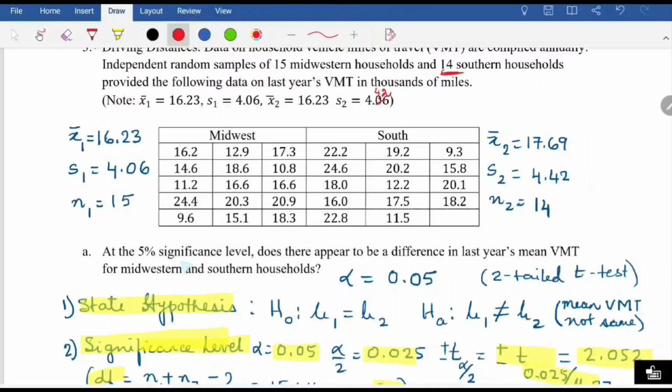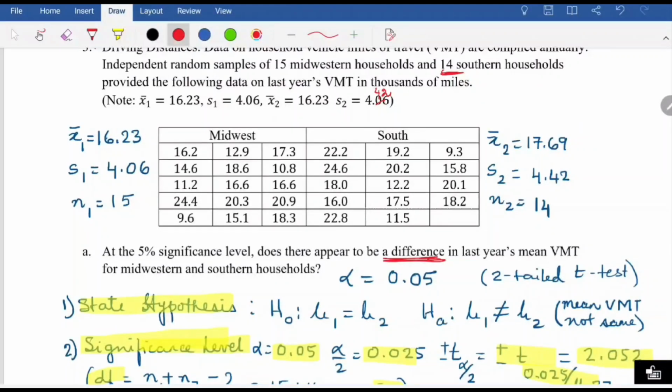So we are performing the hypothesis test at a 5% significance level, which makes alpha equal 0.05. It asks whether there is a difference between the two means, which makes it a two-tailed t-test. Again, keep in mind that for all chapter 10 questions, we are using the t-distribution.